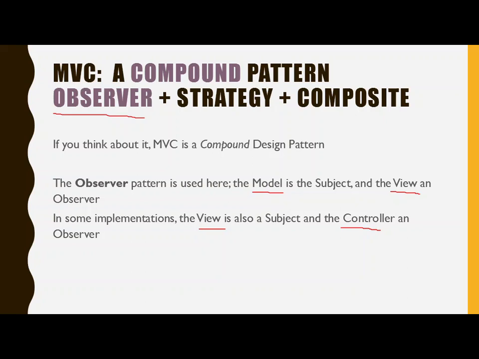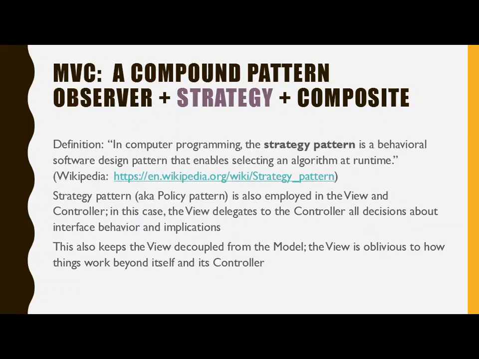But we're also making use of a couple of others. One is called the strategy pattern. We haven't talked about it, but it's one of the first ones that's introduced in some texts, and that is a way to swap out algorithms, to swap out behavior at runtime. And we've already seen how we can do that with an observer as well, right? The ways that we've used that in the past, if you use interfaces properly, you can swap these things out even at runtime.